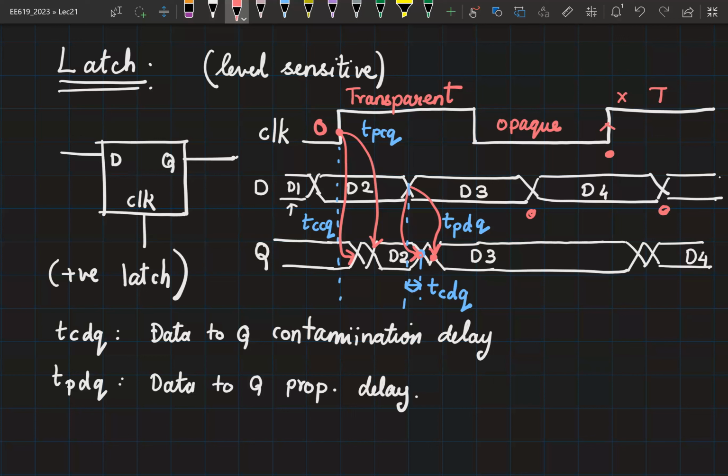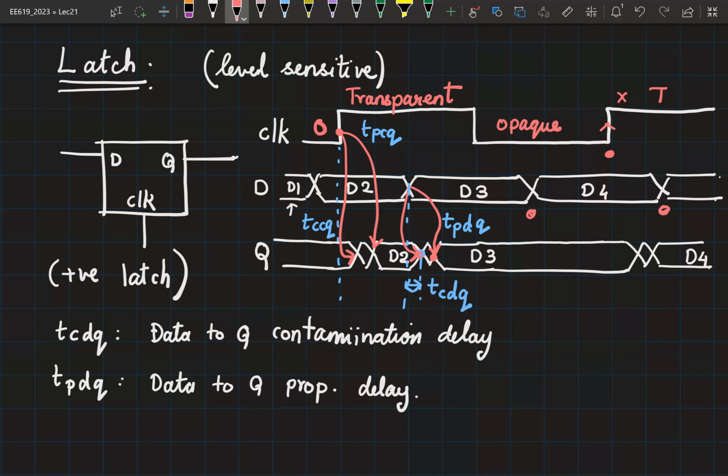So what is the sampling edge of the latch now? Falling edge, right? You are sampling the data at the falling edge and holding it. So now if you want the correct data to be held during the opaque phase, then that data has to be set up before the falling edge.